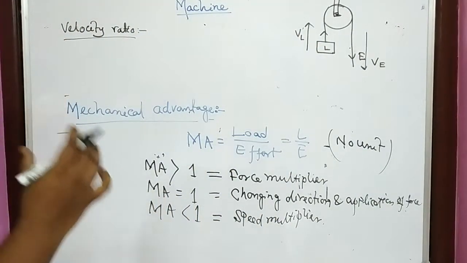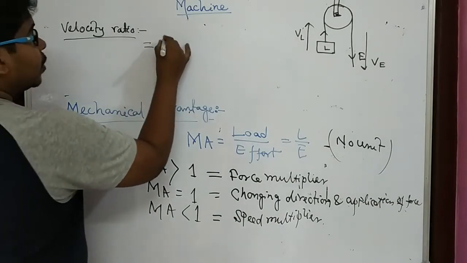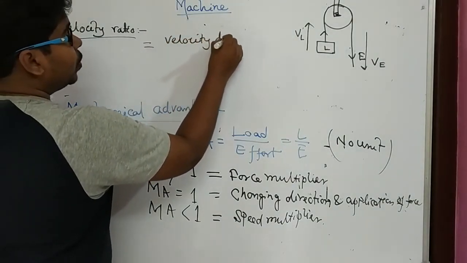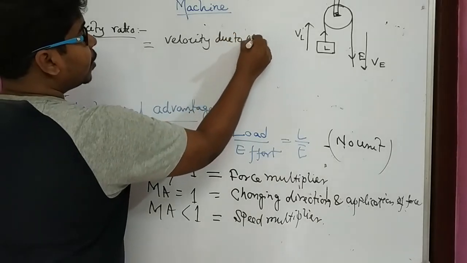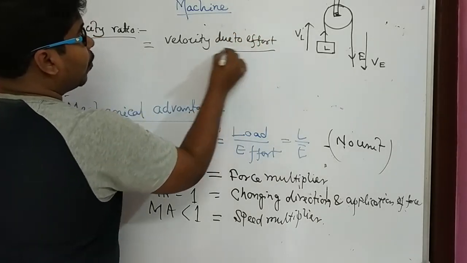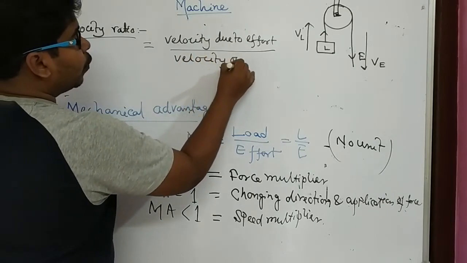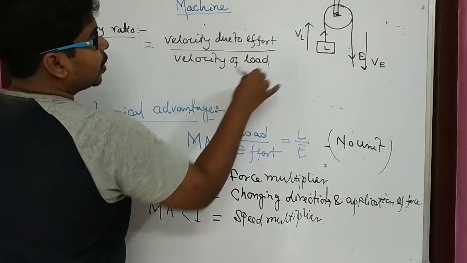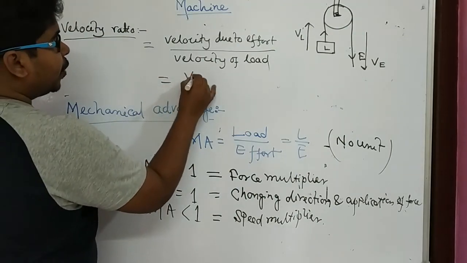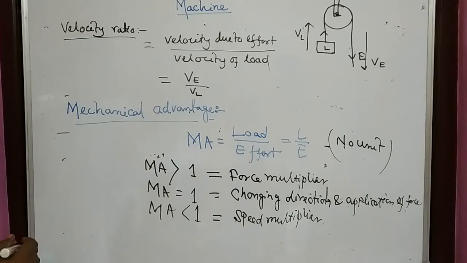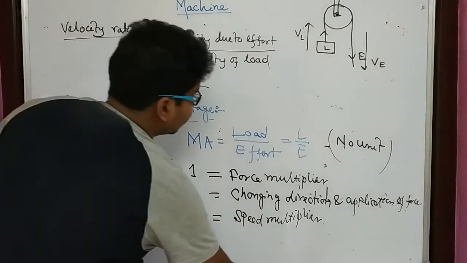Okay, and the ratio of the velocity due to effort by the velocity of load, that is VE by VL, is known as velocity ratio.